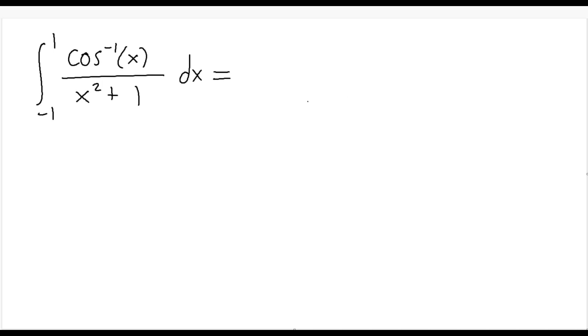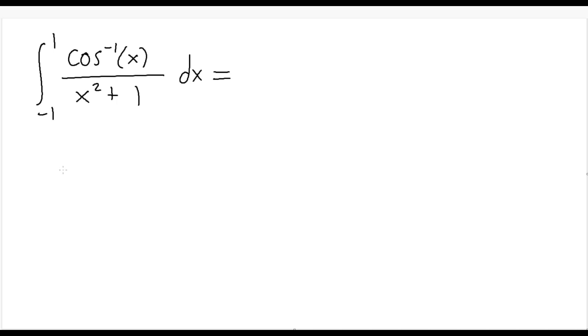So how would you do this? Well, this is definitely not 0, because this is an even function. Let me show you a very cool sneaky solution that I came up with.